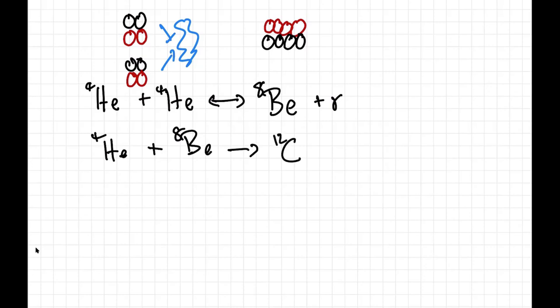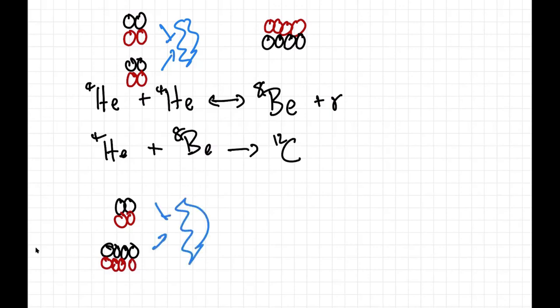And the carbon, let's just draw this out. Here is the helium-4, and here's the beryllium-8. They smash together. Nuclear physics happens, and out the other side comes a nucleus that has 6 neutrons and 6 protons.